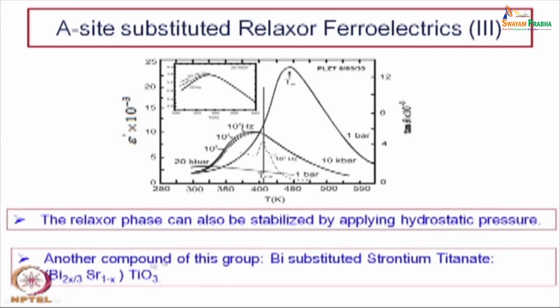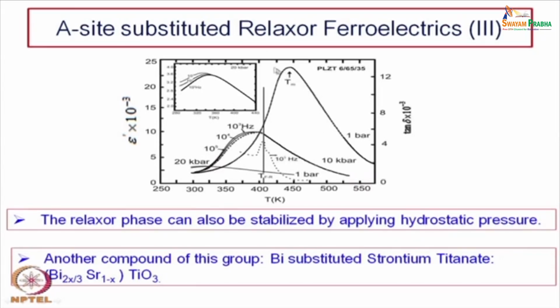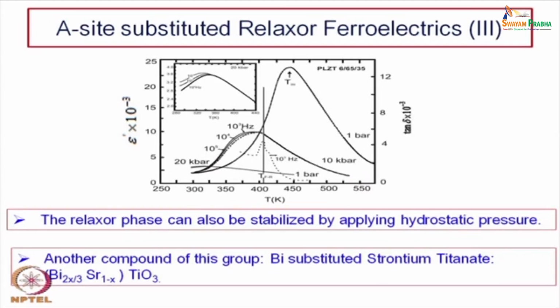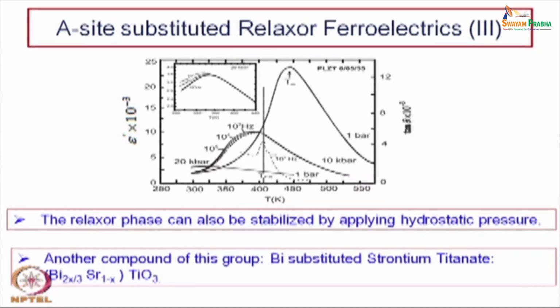And the third, another compound in addition to lanthanum doped PZT, there is another compound which is also in the same group, that is the A site substituted relaxor ferroelectrics.